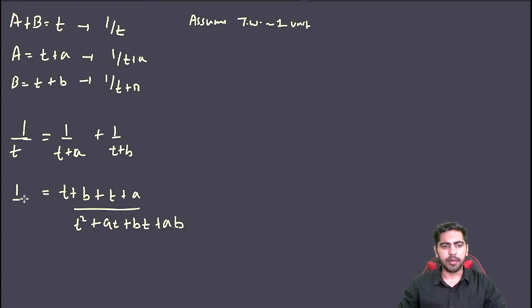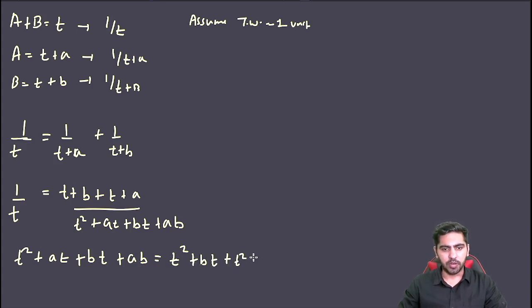And on this side, I have 1 by T. If I cross multiply, I'll be getting nothing but T square plus AT plus BT plus AB is equal to T square plus BT plus T square and plus AT. So this is what I'm going to get on cross multiplying, isn't it? This with this and this with this, right?